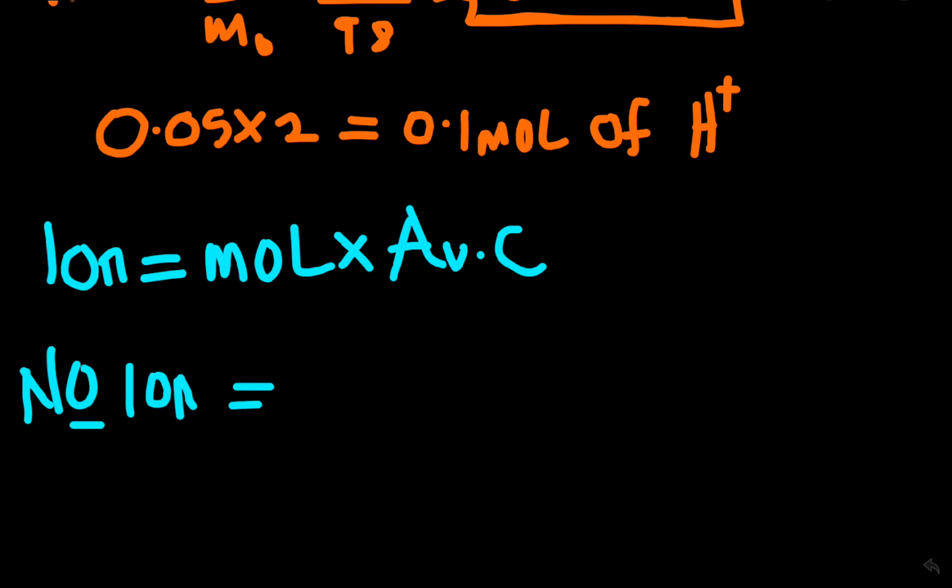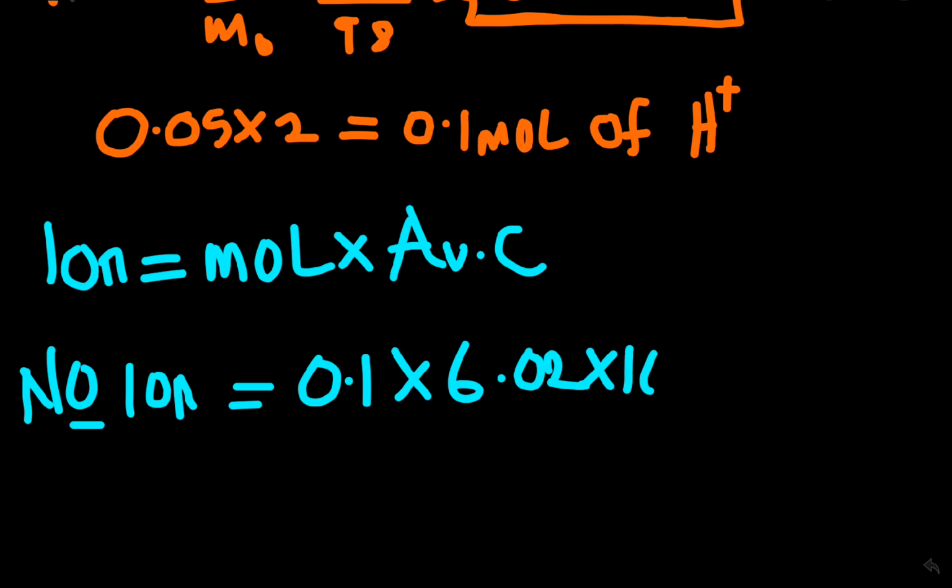So lastly, the number of ions would be the mole that was given, 0.1, times the Avogadro's constant, which is 6.02 times 10 to the power of 23.